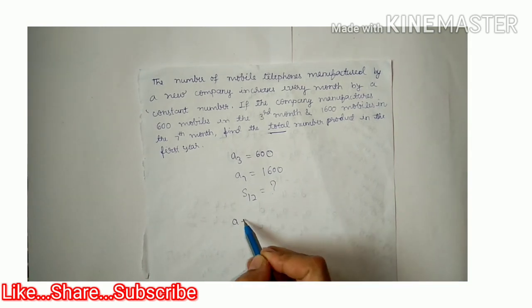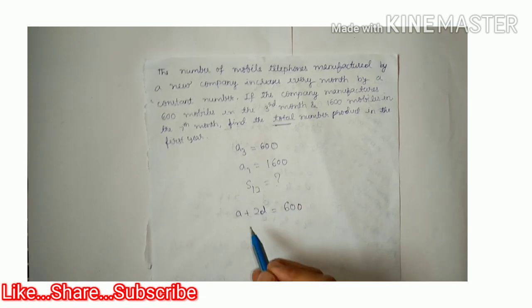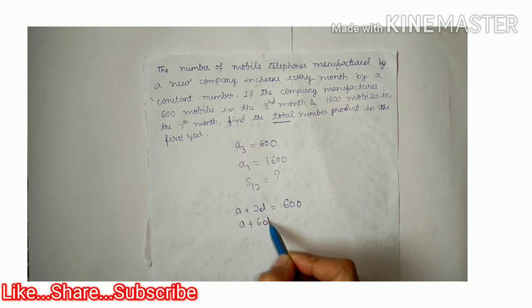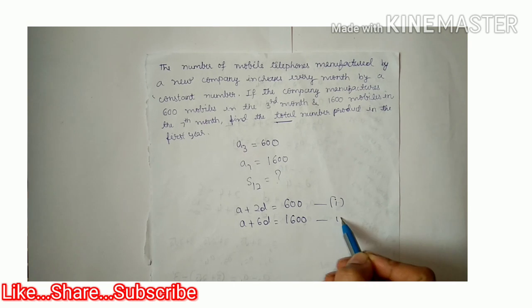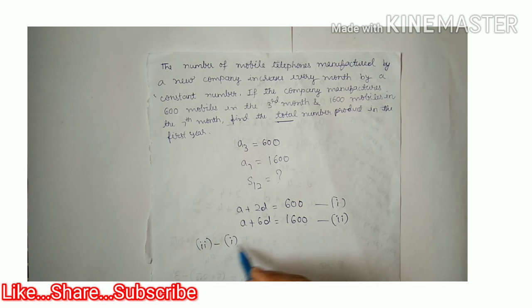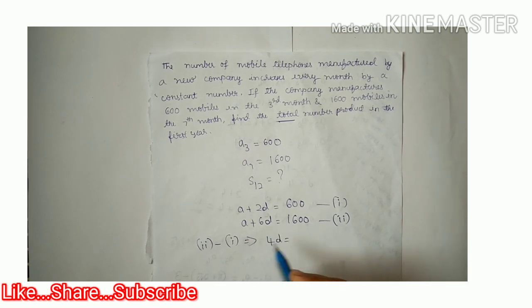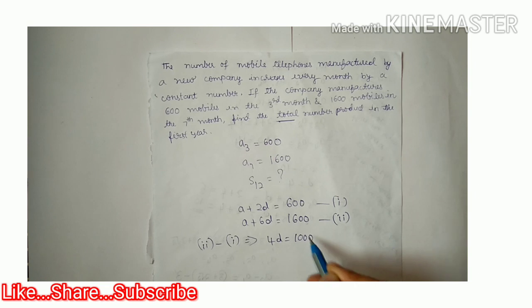Given A plus 3 minus 1, 2D is equal to 600. Also A plus 6D is equal to 1600. Equation number 1, equation number 2. Equation 2 minus equation 1 implies 4D is equal to 1600 minus 600, 1000.